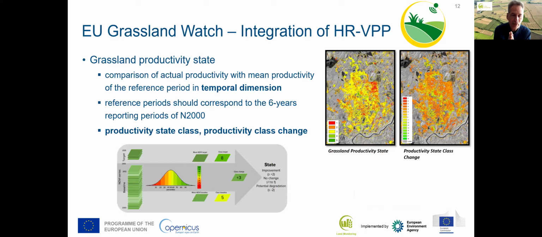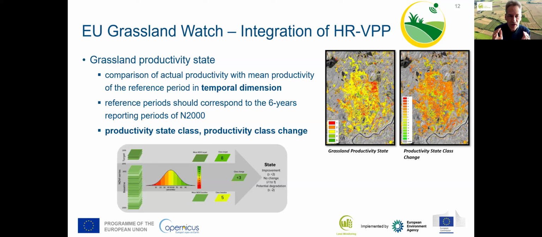We could always have a dry year or a very productive, intensive, moist year or whatever. So we would get a lot of changes in that. But of course, overall, on the long term, we are interested in long-term deviations from the average, let's call it like that. And the users are interested in these 6-year Natura 2000 reporting cycles.